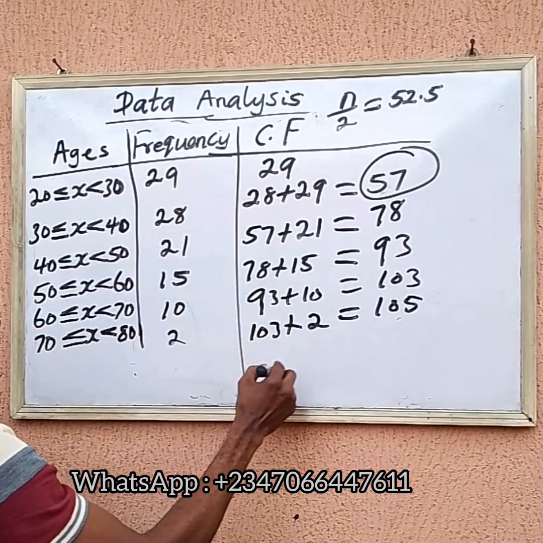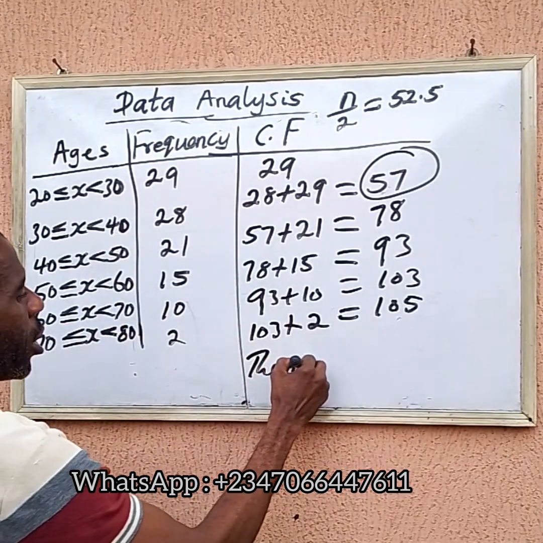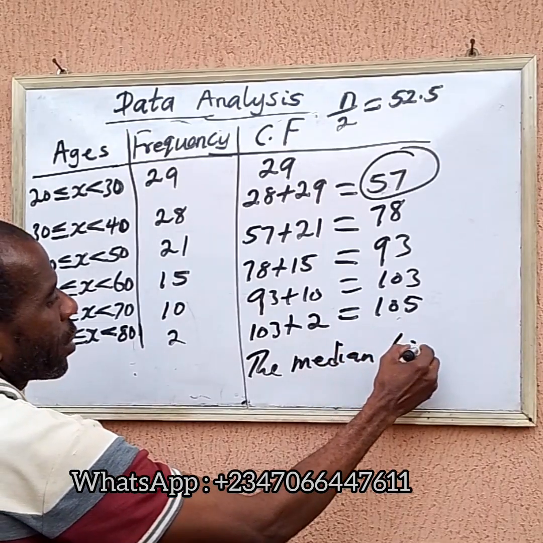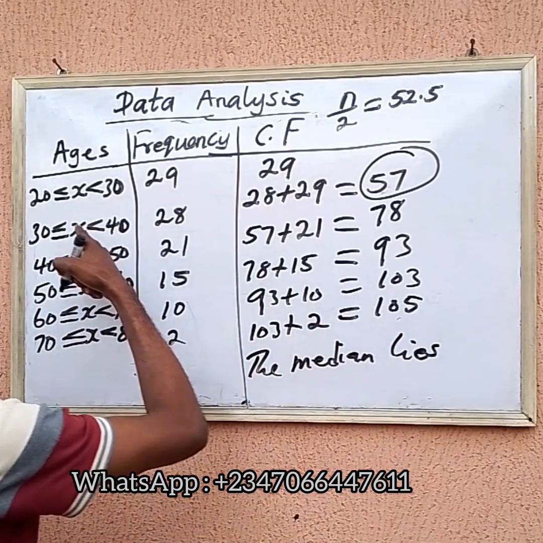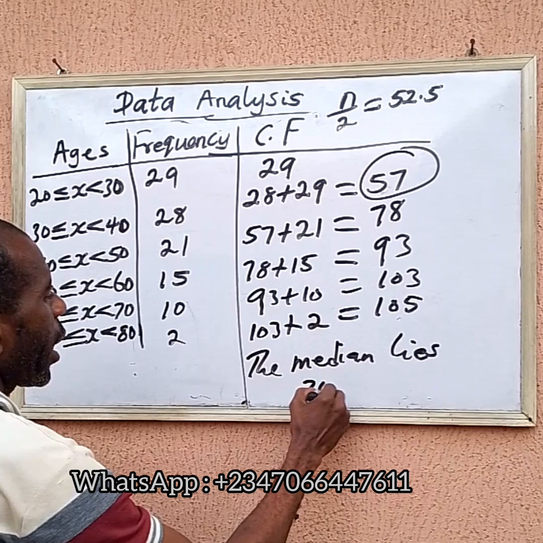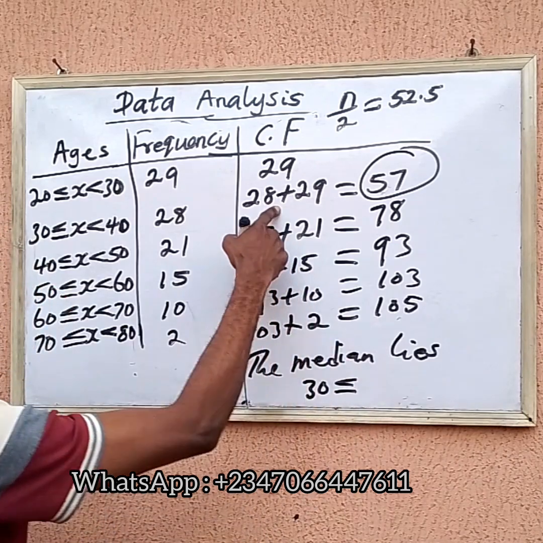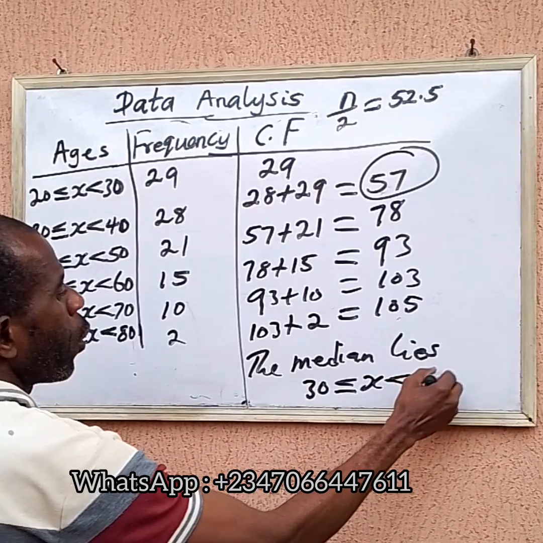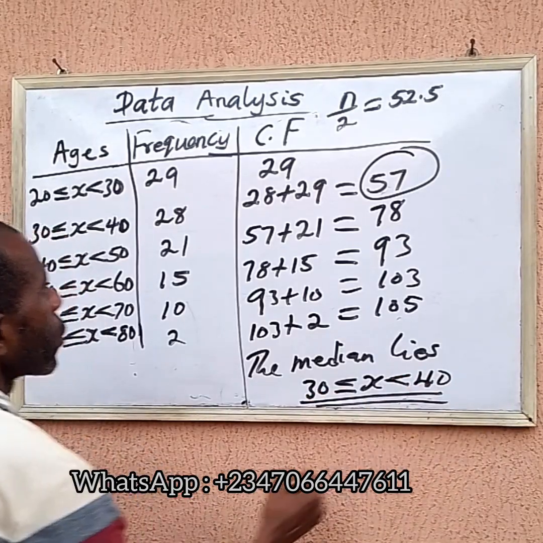Therefore, the median class is X greater than 30, but less than 40.